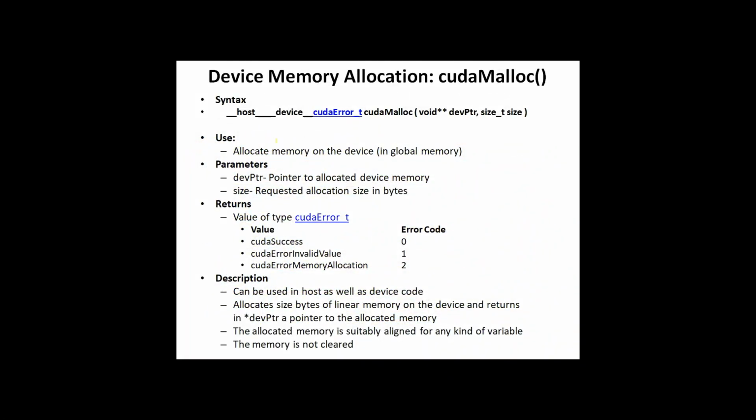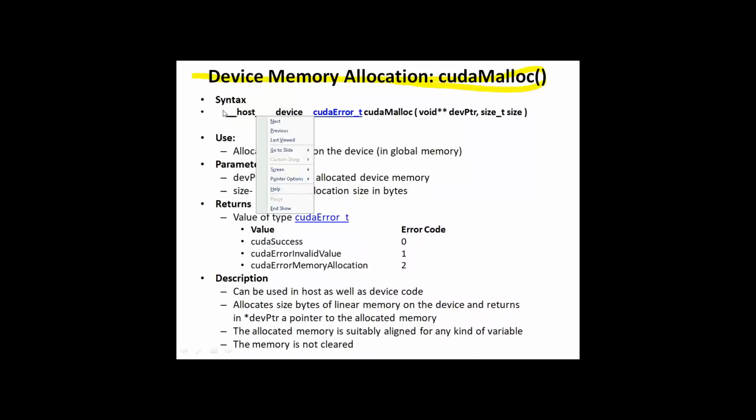Now the next function we can use is for memory allocation on the device. Earlier we used the function malloc for memory allocation on the host, and its CUDA equivalent for allocation on the device is cudaMalloc.